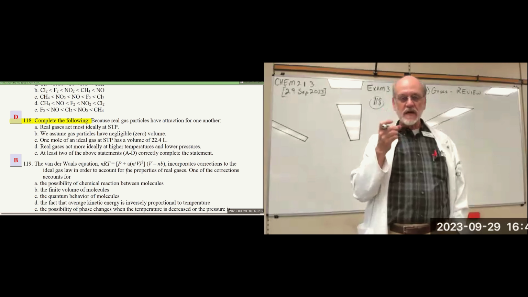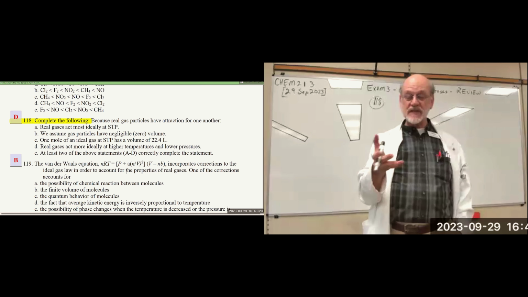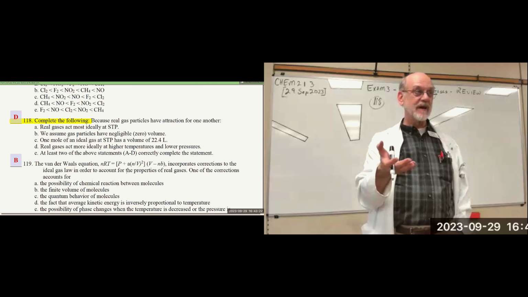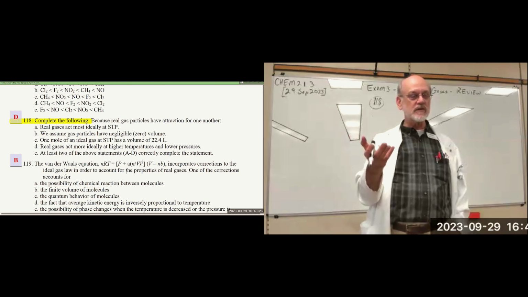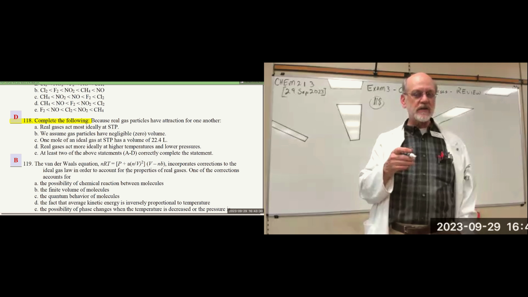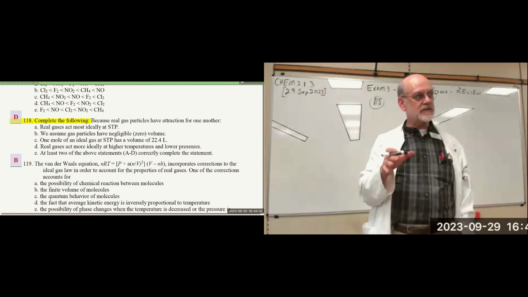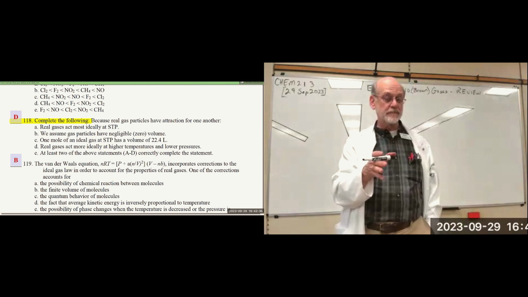We said standard temperature and pressure is temperature needs to be high, right? So 0 degrees Celsius is 273 degrees above absolute zero, which is reasonable. Pressure needs to be low. 1 atmosphere is kind of low. So that's a reasonable answer, but maybe there's a better one.